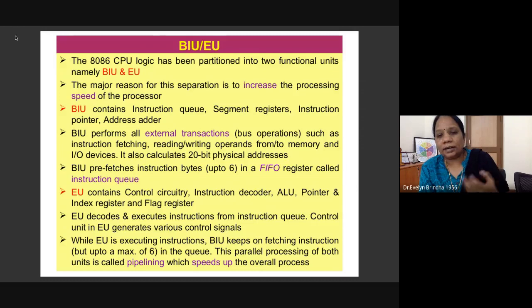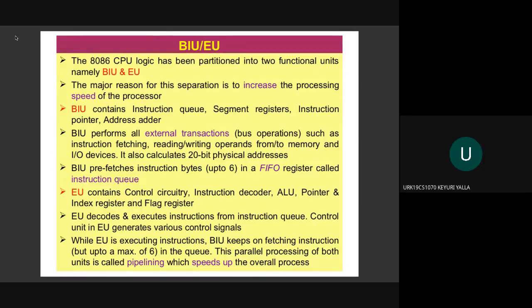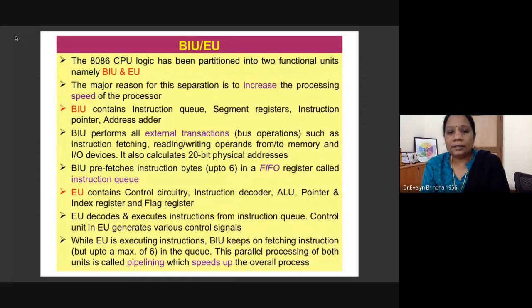Third is reading or writing data from? Data and operand mean the same. One is memory. What's the other one? IO device. Very good. From the IO device. And the last but important task is to calculate the 20-bit physical address. Okay, so these are all the tasks of BIU.